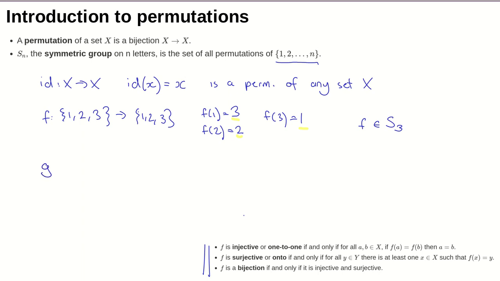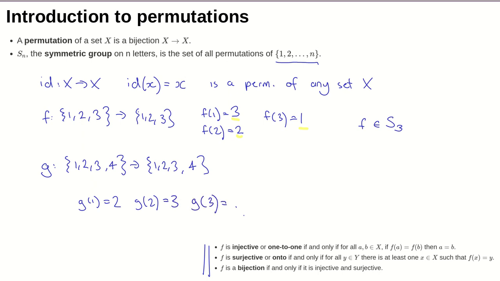And one more example: we're going to take the function g from 1, 2, 3, 4 to 1, 2, 3, 4, defined by g of 1 is 2, g of 2 is 3, g of 3 is 4, and g of 4 is 1 again.